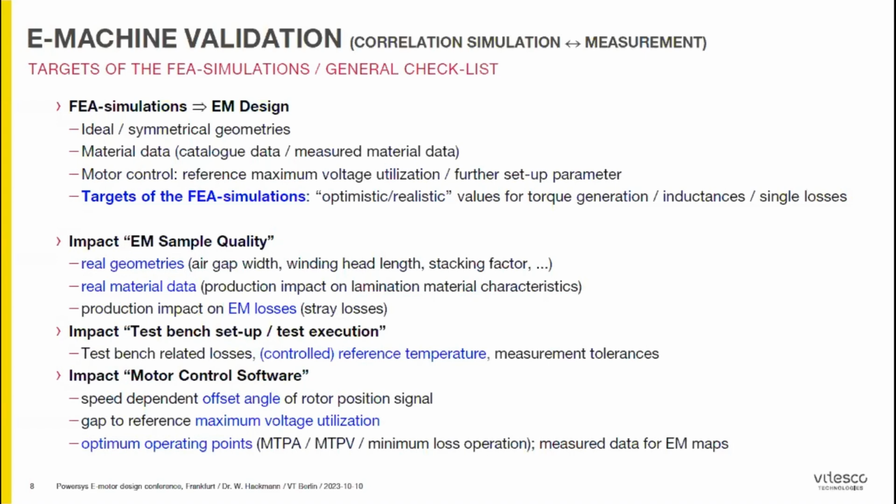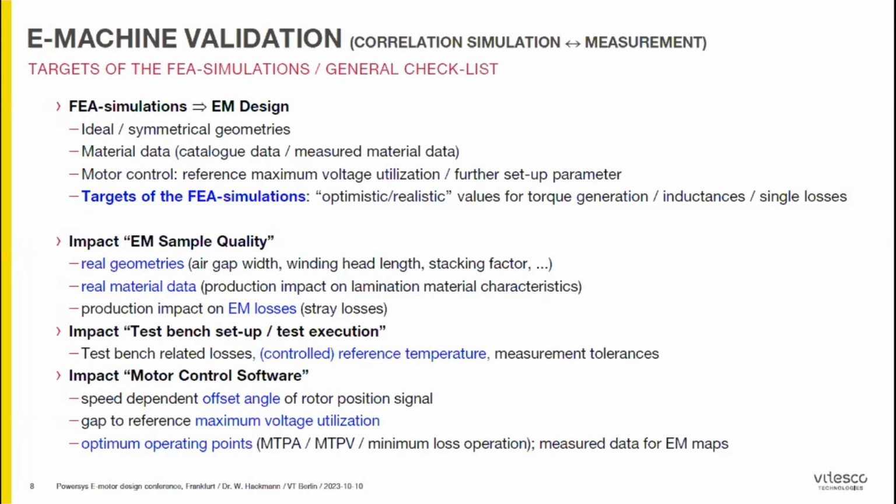Then the material data is very important, especially the lamination sheet data, which has a big impact on the whole situation. Then there is a production impact, maybe also on the losses, and this has to be considered. The measurement itself is also critical. The test bench has test bench related losses.